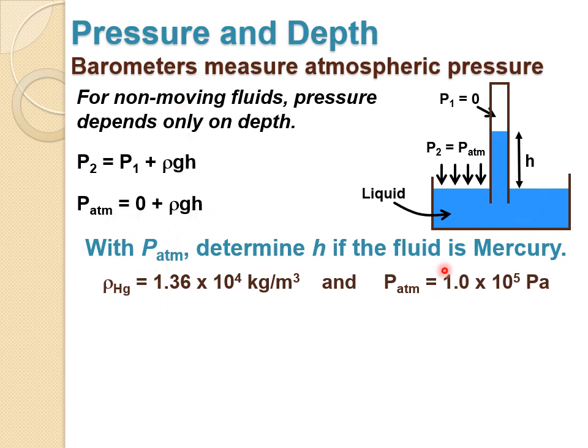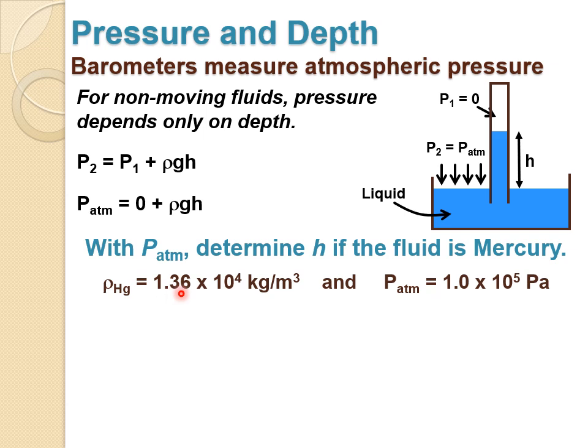Now a barometer uses mercury. The reason we use mercury is because mercury is so dense compared to a lot of other liquids that it doesn't need to go very high to indicate how much pressure is there. The density of mercury is 1.36 times 10 to the 4th kilograms per meter cubed.